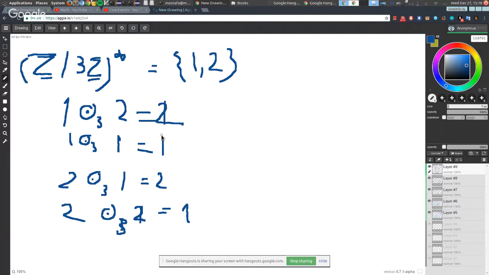As we can see here, all the outputs are also in the set here, so it means it's closed under this operator. It means here it's a subgroup.